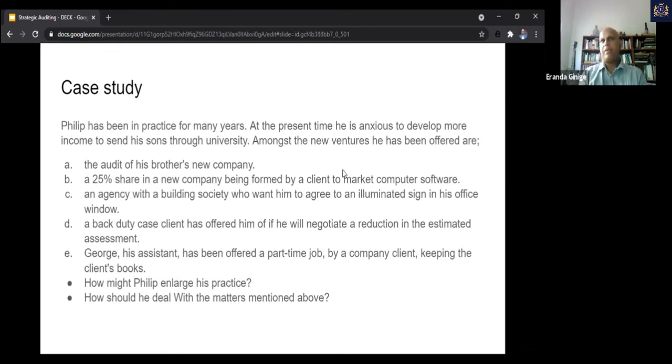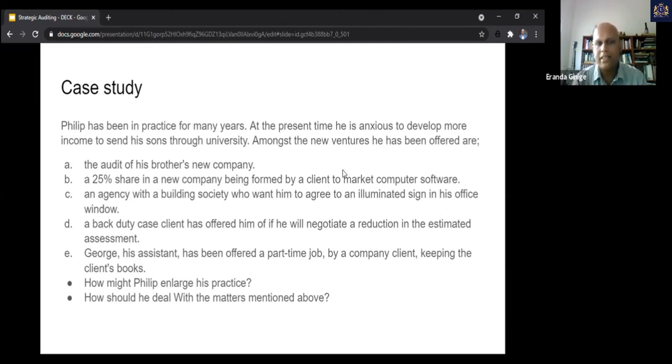So maybe he's a little desperate, and getting 25% shares will require him to invest some money himself, and that might not be a good decision. So you need more information to make a decision on that altogether.